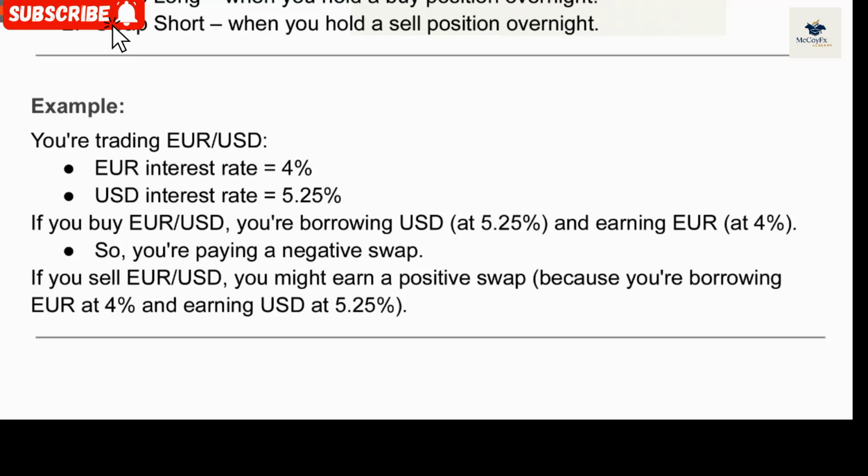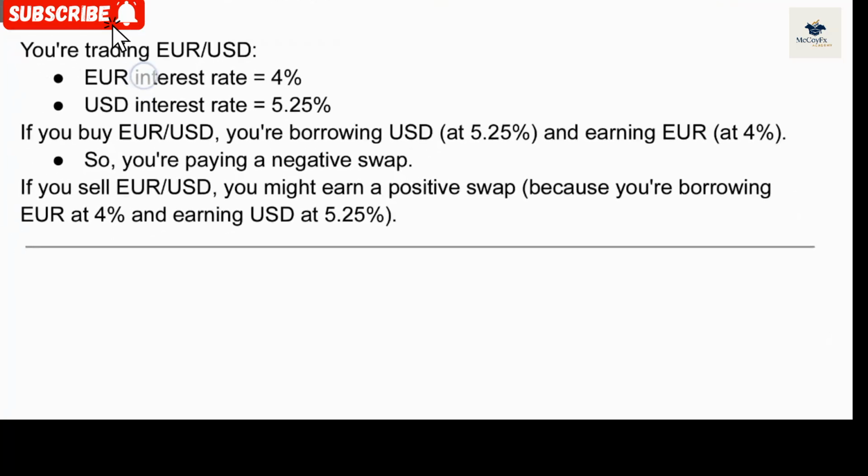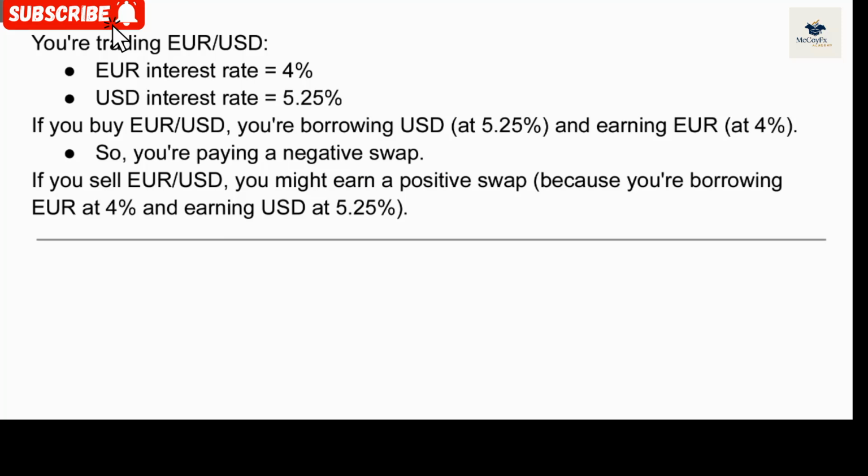If you buy Euro USD, you are borrowing USD at 5.25 and earning Euro at 4%, which means you will be owing 1.25 since the USD is 5.25. So you are paying a negative swap. If you sell Euro USD, you might earn a positive swap because you are borrowing Euro at 4% and earning USD at 5.25.